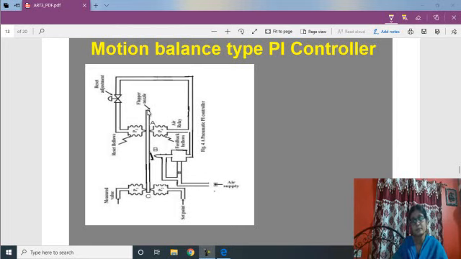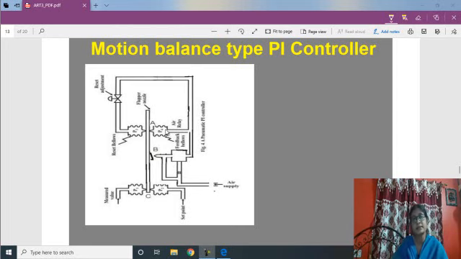With the movement of this flapper or the motion beam, the nozzle feedback pressure changes, and that behaves as a control action. Depending on the type of pneumatic bellows and valve arrangements, the proportional, integral and PID controller can be designed.